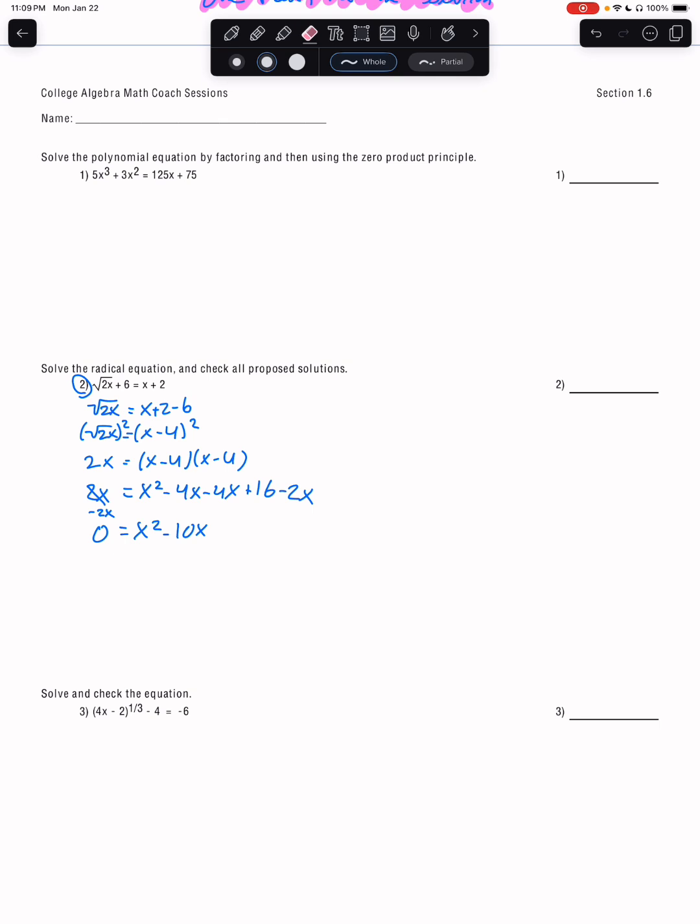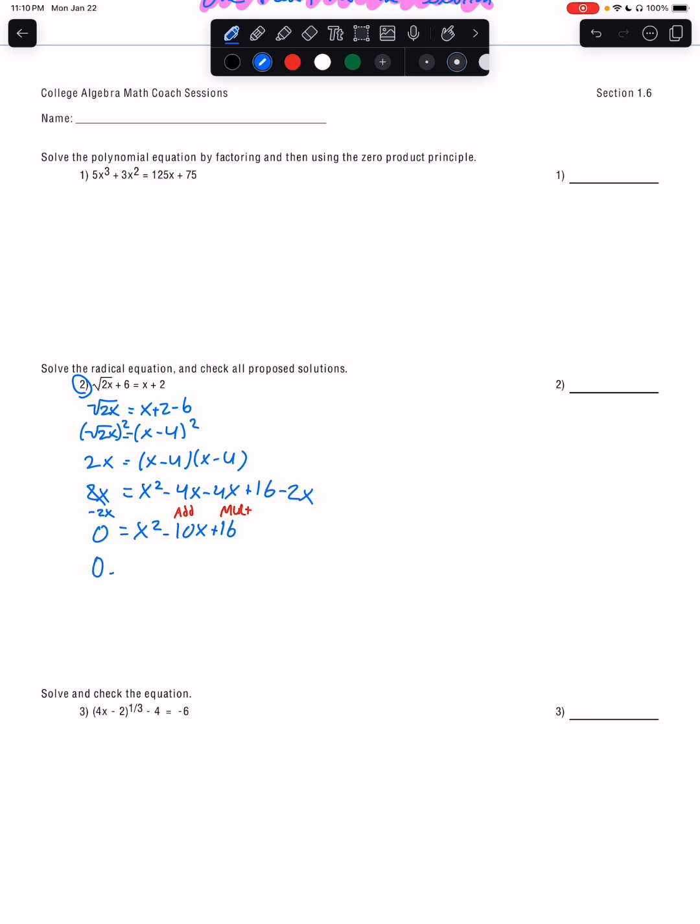So next we'll just want to refactor this again. When the x squared is just being multiplied by 1, the easiest way to think about this is we need two numbers that add to negative 10, but multiply to positive 16.